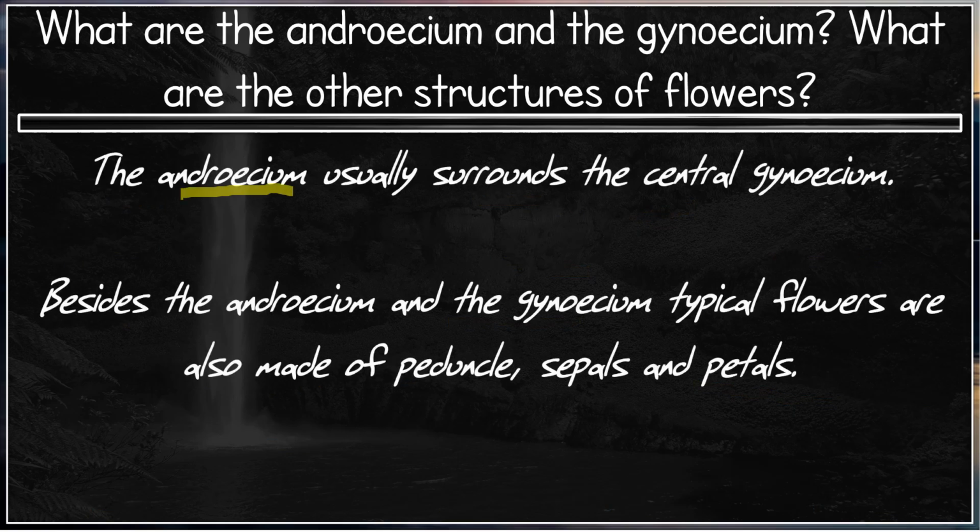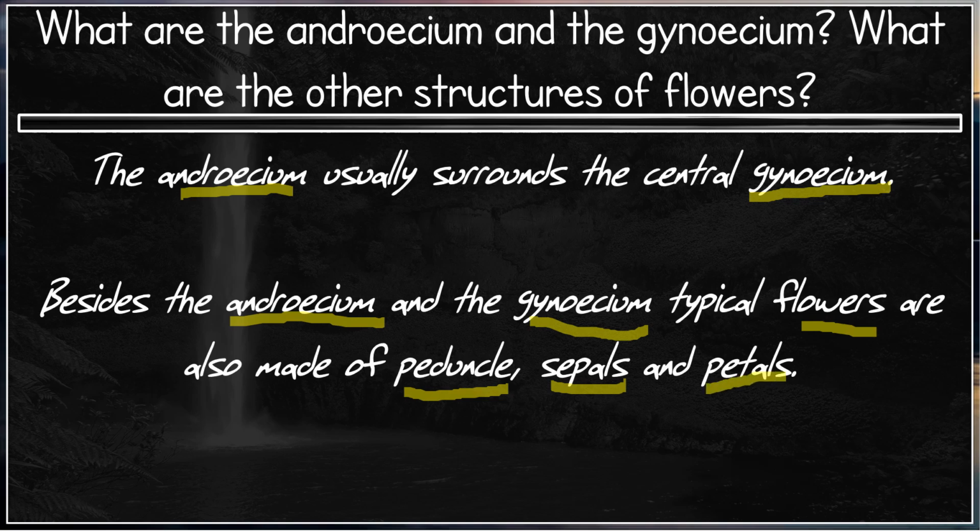The androecium usually surrounds the central gynoecium. Besides the androecium and gynoecium, typical flowers are also made up of the pedicel, the sepals, and petals.